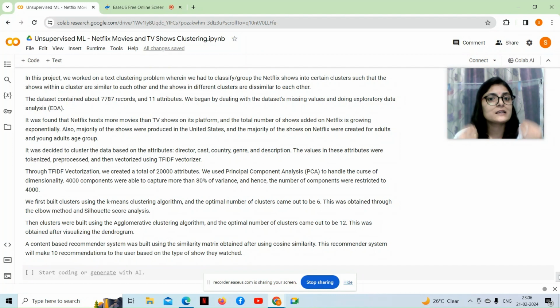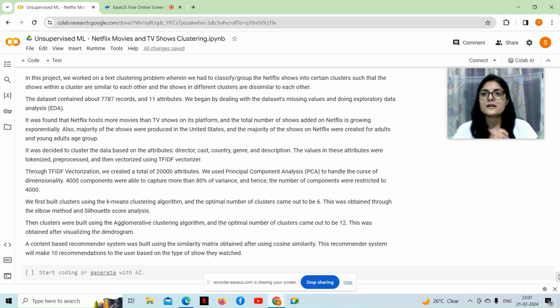We began by dealing with the data set's missing values, then doing the exploratory data analysis, that is EDA. It was found that Netflix hosts more movies than TV shows on its platform, and the total number of shows added on Netflix is growing exponentially. Also, the majority of the shows were produced in the United States, and the majority of the shows were created for the adults and young adults age group.